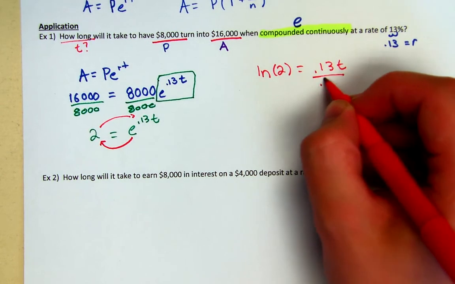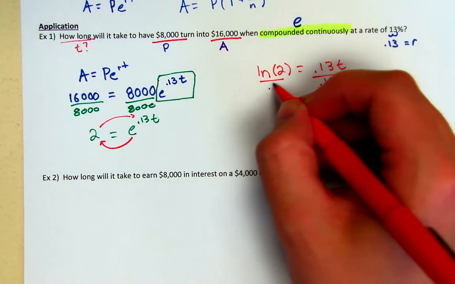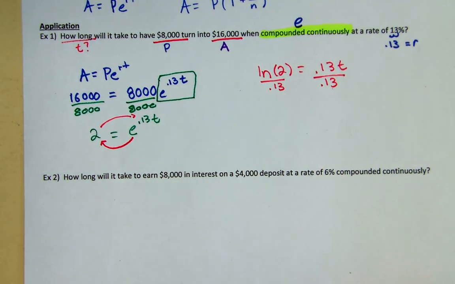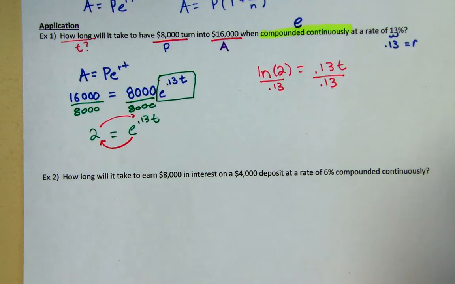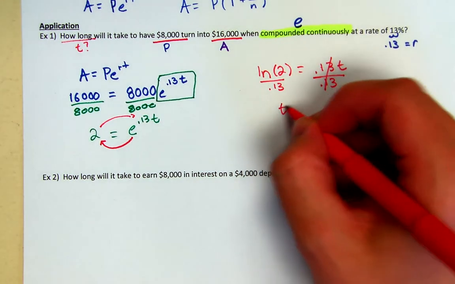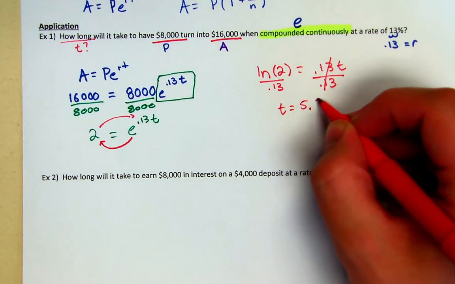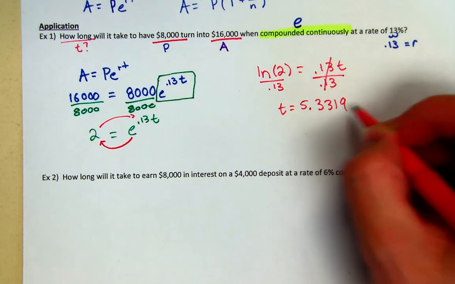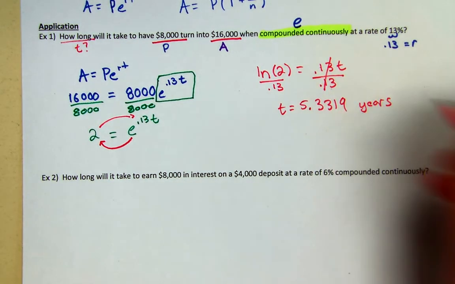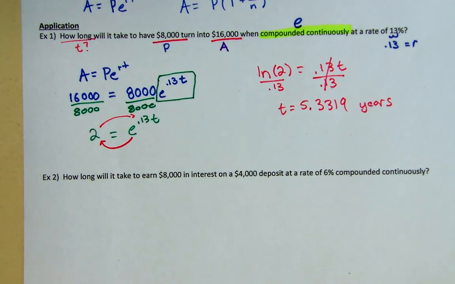Well, to solve for t, I need to divide by 0.13. Go ahead, plug that in your calculator just like we've been doing, and you get t equals, in this case, 5.3319 years. It depends on what it tells you to round to, but in this case, I'm going to go to 4 decimal places.